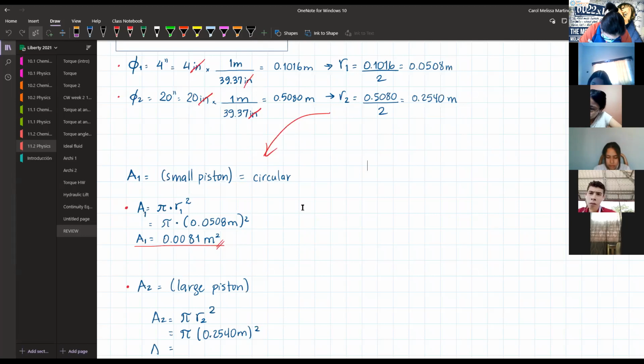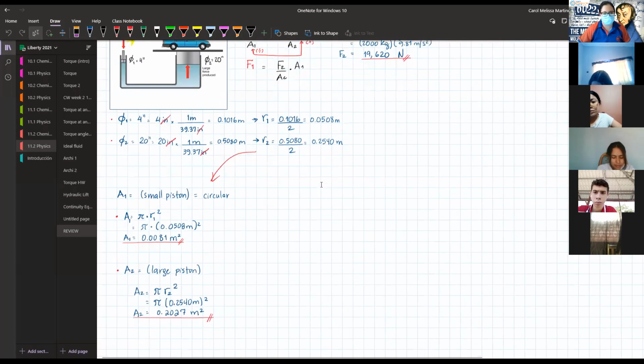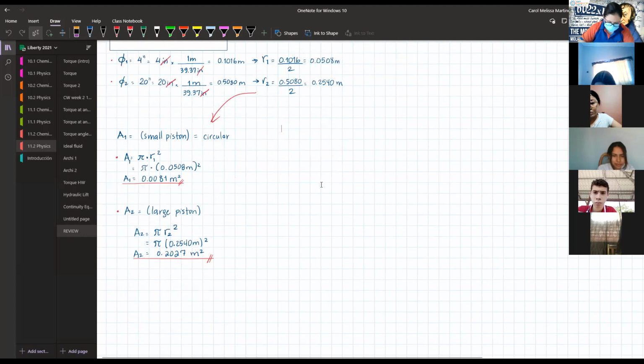This gives me 0.2027 rounded. Okay. Now you have the two areas and you have the force, so you can apply Pascal's principle.